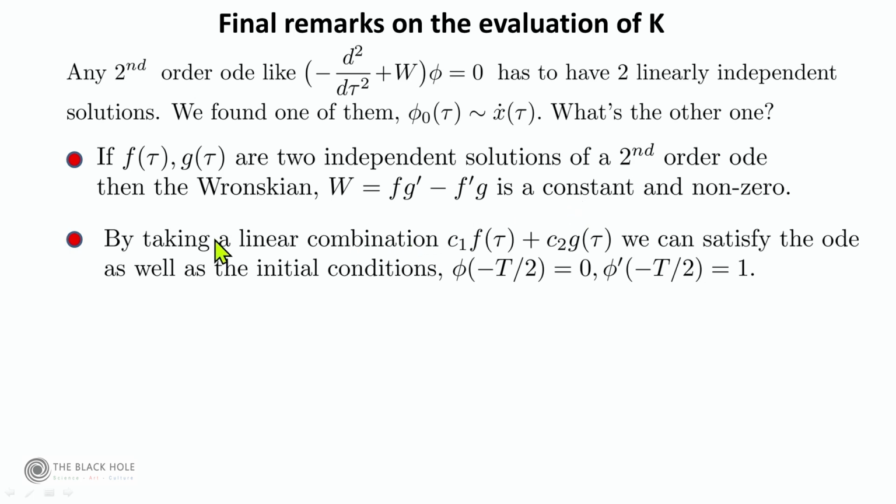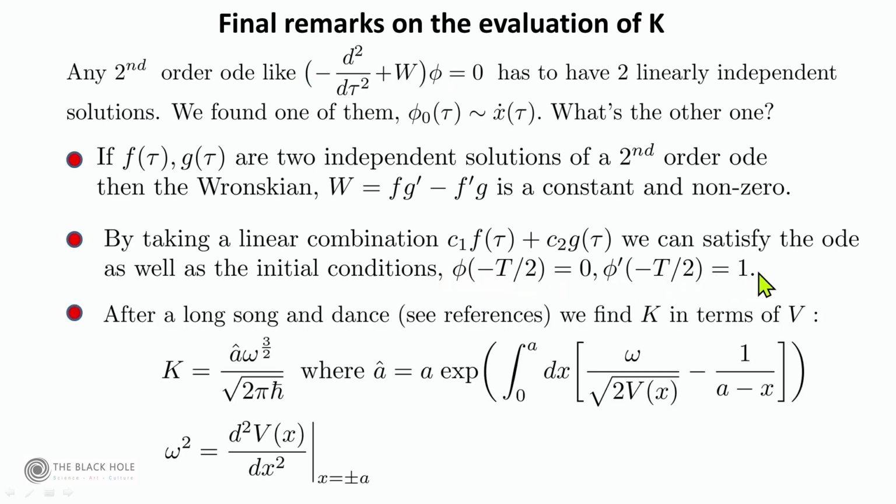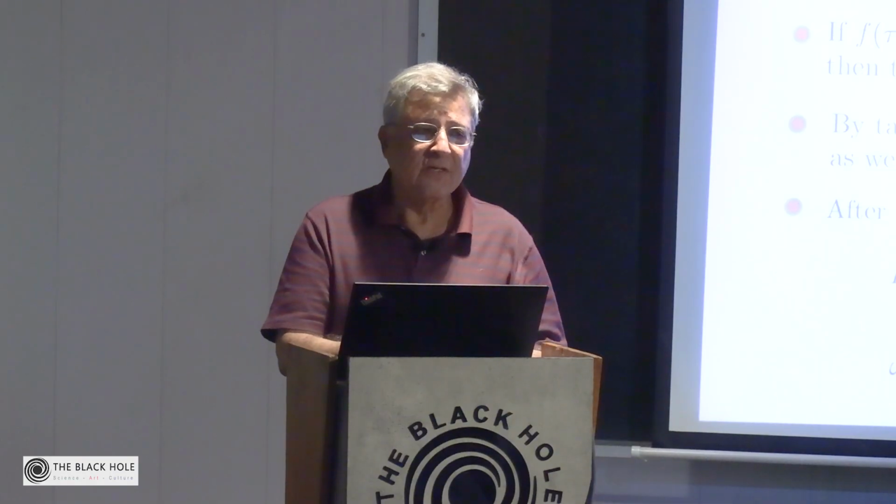That means we can take a linear combination of f and g, so we can satisfy the differential equation itself, but we can also satisfy the boundary conditions. Those are all the principles that are involved.